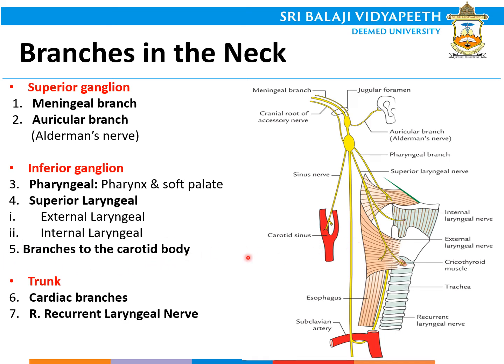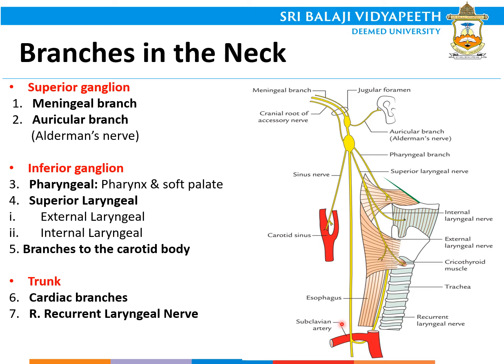And there are also branches to the carotid body from the inferior ganglia. Then apart from that, from the trunk of the vagus nerve arise cardiac branches which contribute to the cardiac plexus, and also arises the right recurrent laryngeal nerve.